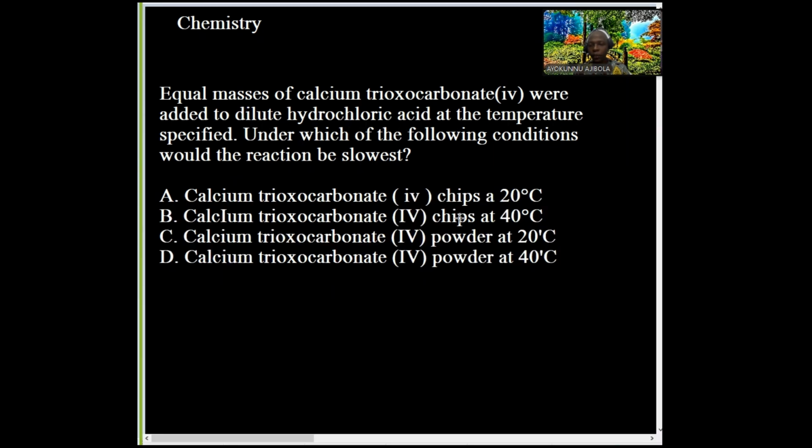Chip is more solid than powder. Then the powder at 20 will still be faster than the chips at 20. So which one now do you think will be the slowest?